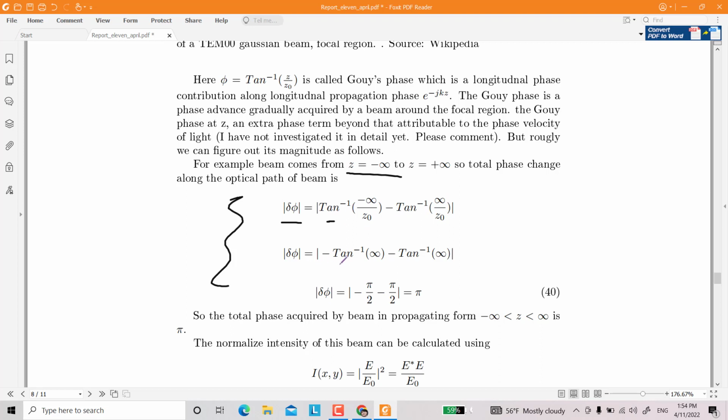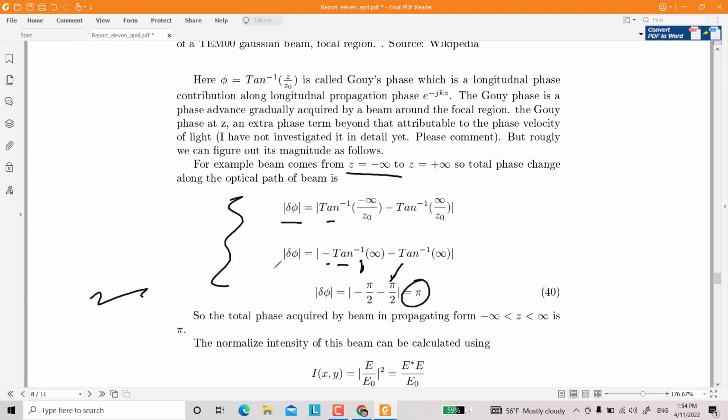As you know, tan inverse is an odd function, so the minus comes out in front. So tan inverse of infinity is pi by 2, and minus pi by 2 minus pi by 2 is minus pi, and if you take the absolute value, this turns out to be pi.